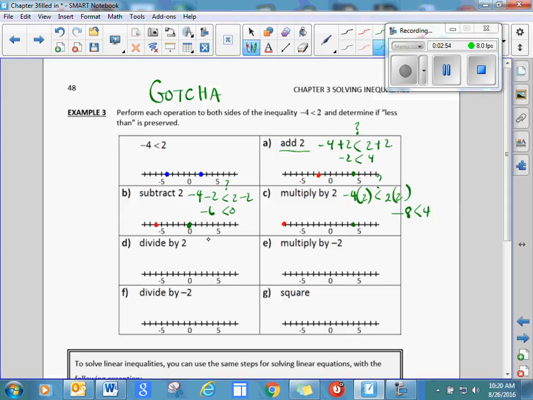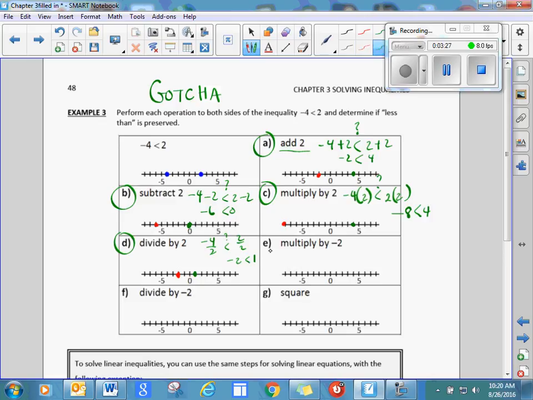If we take -4 and divide by 2, is that less than 2 divided by 2? That's -2, and that side is 1, and again we've got a true statement. So this one's looking good, good, and good. Let's plot our points. 1 is here, -2 is right here, and that's all well and good.